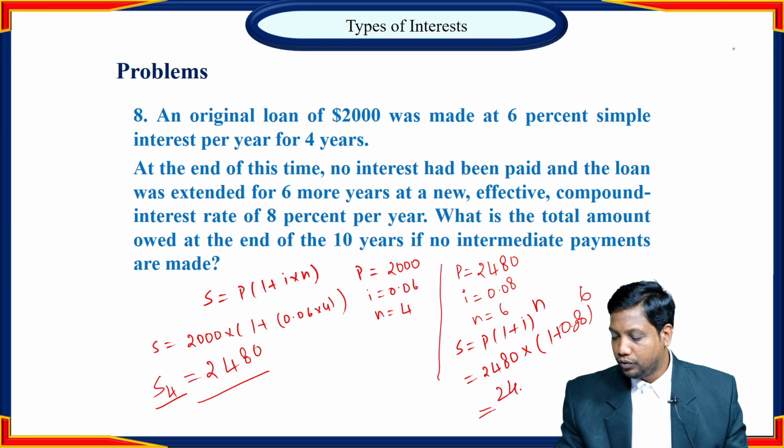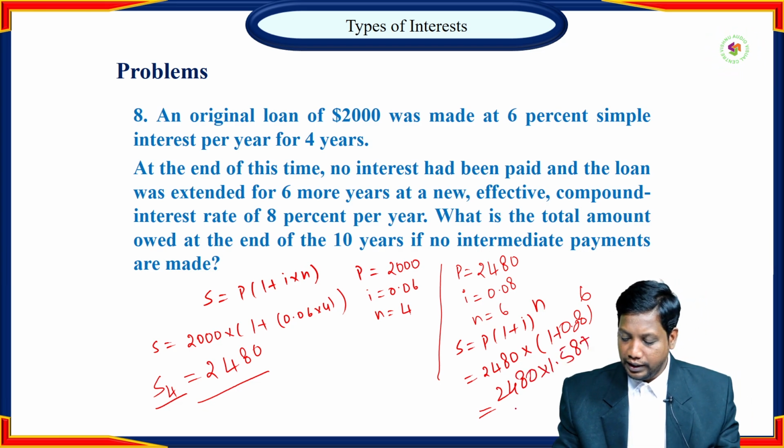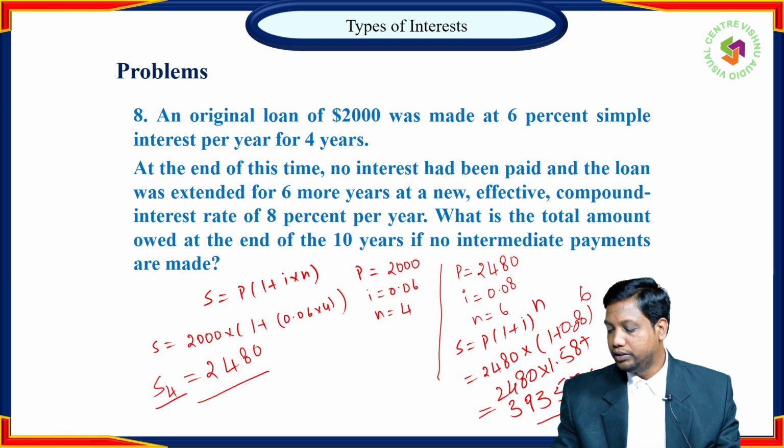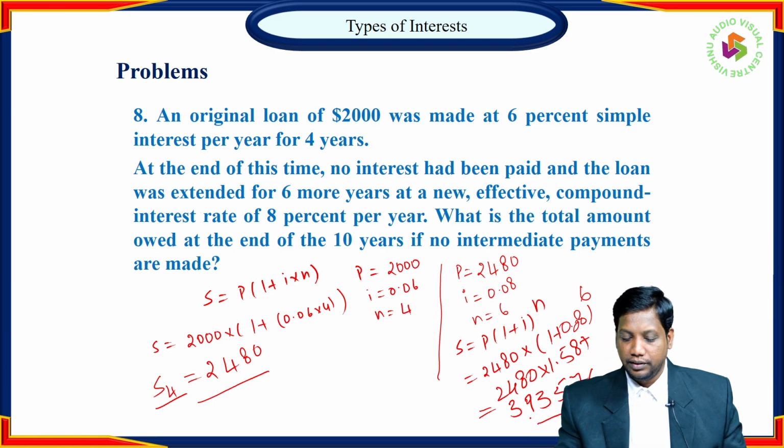So 2480 multiplied by 1.587. So we will get 3935.76. So this is the total amount they need to pay at the end of the 10 years.